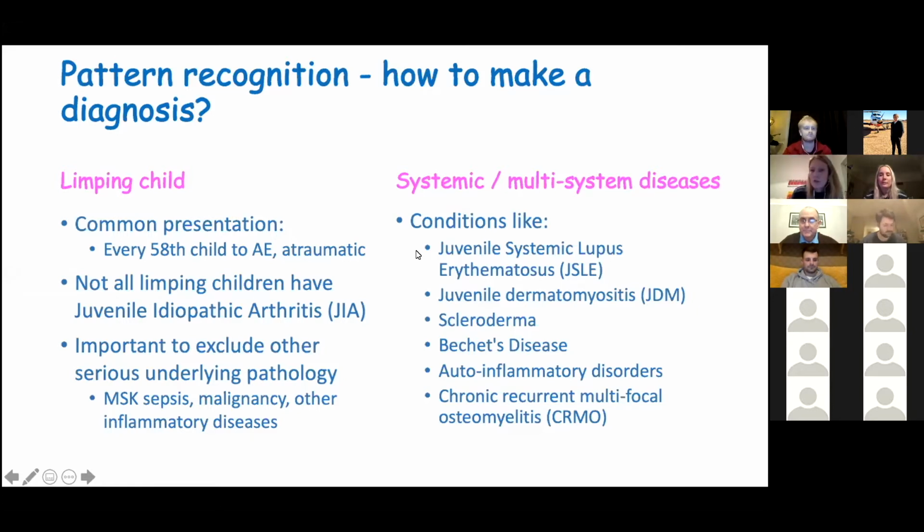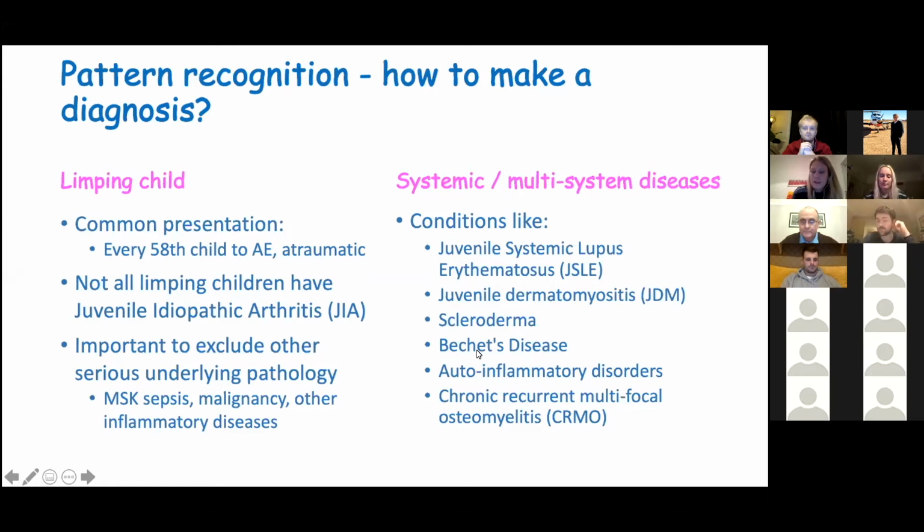The systemic conditions, you'll have heard of some of them probably from adult rheumatology and adult practice, things like lupus. So the childhood version of that, we call it juvenile systemic lupus erythematosus. Juvenile dermatomyositis, so a condition affecting the skin and the muscles with inflammation. Scleroderma, you've probably heard of. You might have heard of systemic sclerosis, which we don't see very much in kids, but we see more primarily skin involvement.